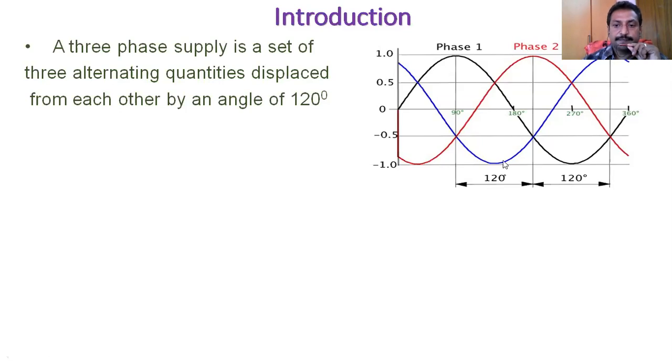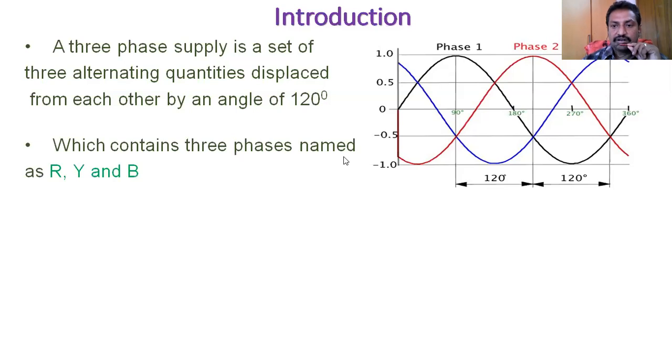See the figure. This black phase 1 is indicated as the R phase. You start from 0. Then the red line, phase 2, is represented as the Y phase, which started after 120 degrees from R. Then the line indicated as phase 3 is also called the B phase.